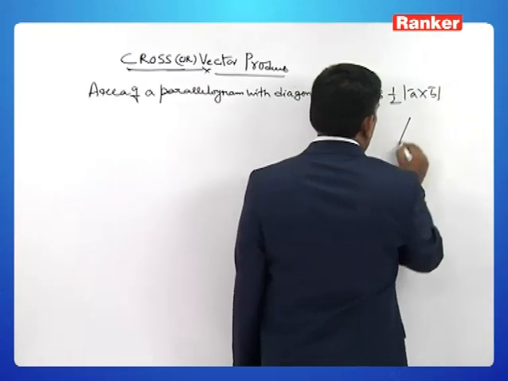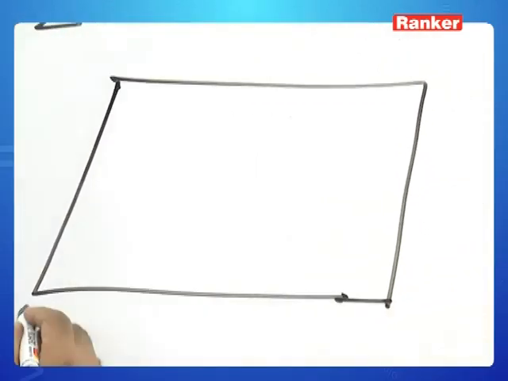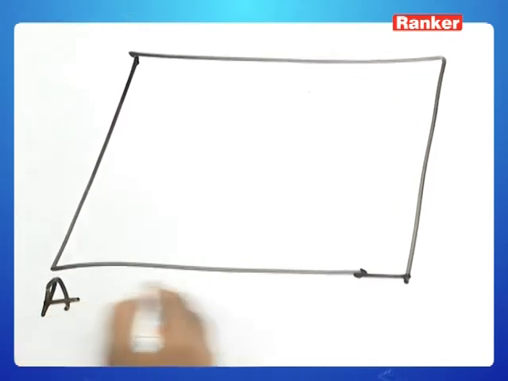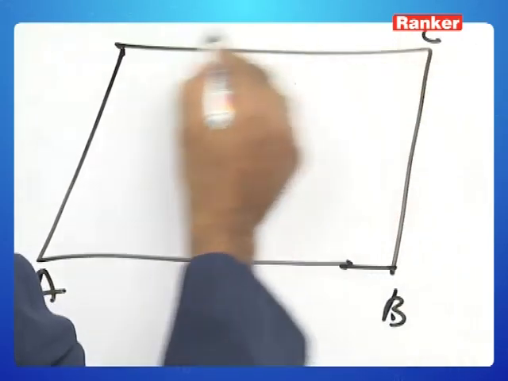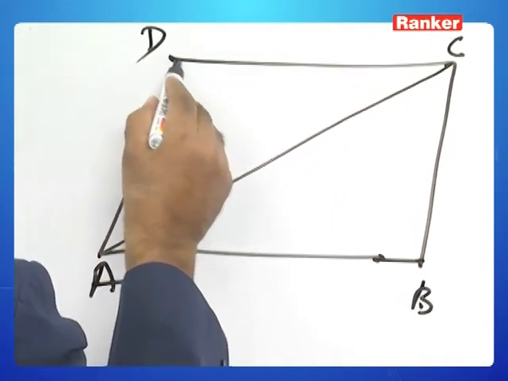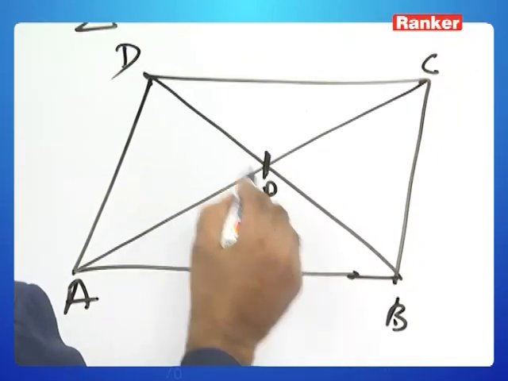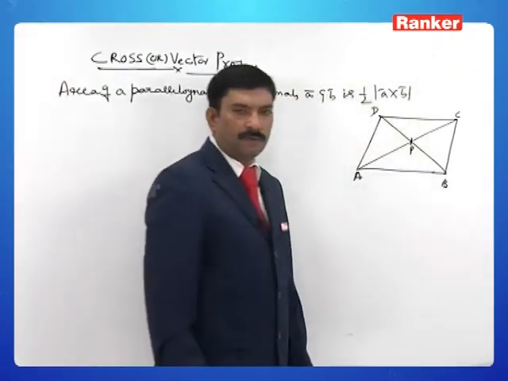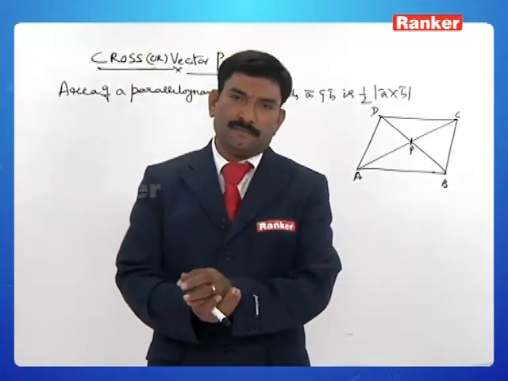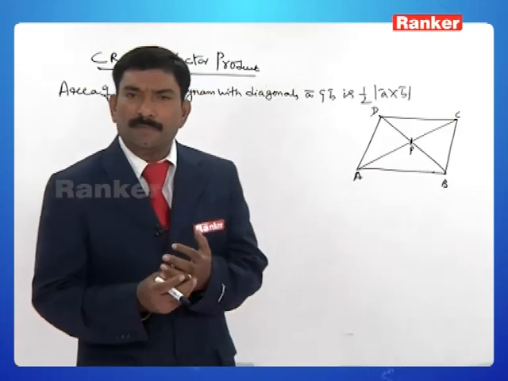Let us see. If I take parallelogram A, B, C, D, this is one diagonal, another diagonal. They meet at a point P, which means they bisect each other. P acts as a midpoint.